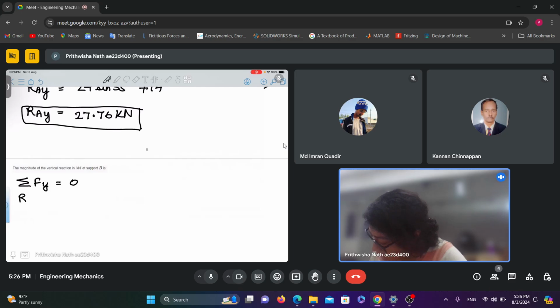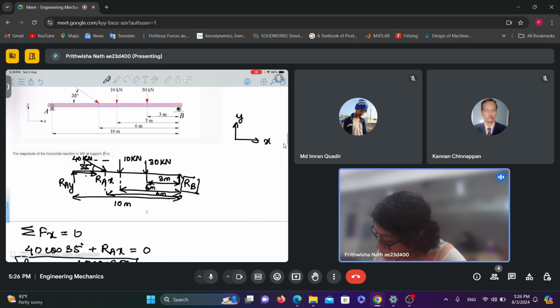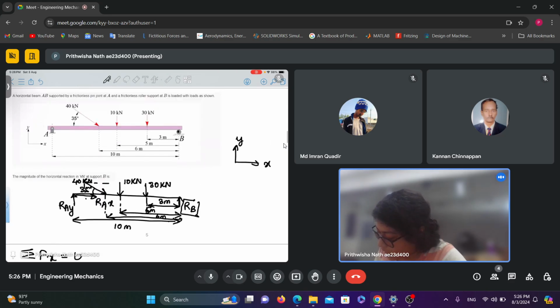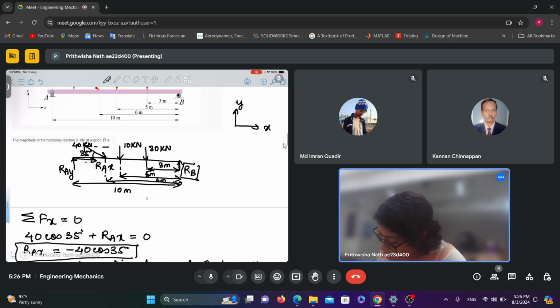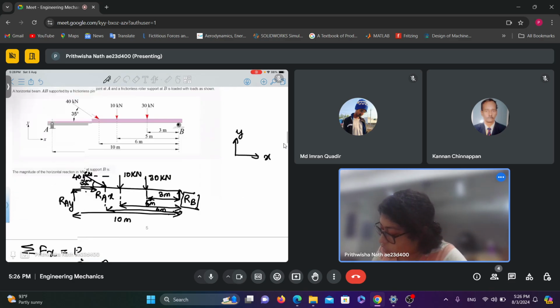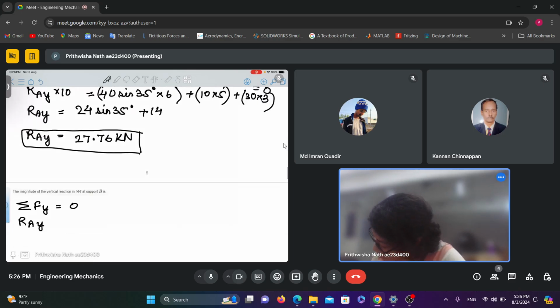I can write RAY, this component of 40 kilonewton is acting in the negative y direction, so minus of 40 sine 35 minus 10 minus 30 plus RB.